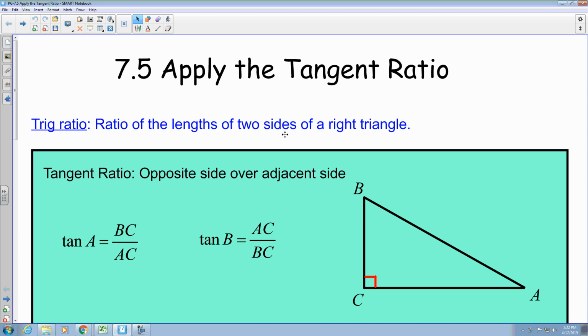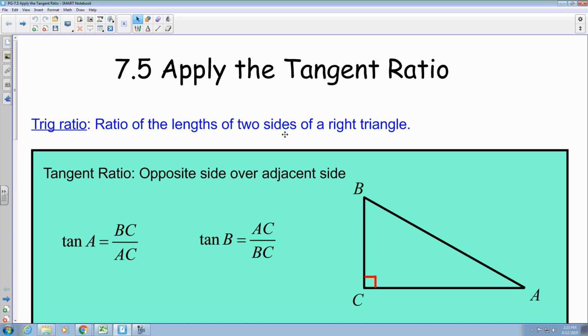Okay, so anytime we're dealing with tangent, we need to know two things. One, we need to know one interior angle of a right triangle besides the 90 degree.